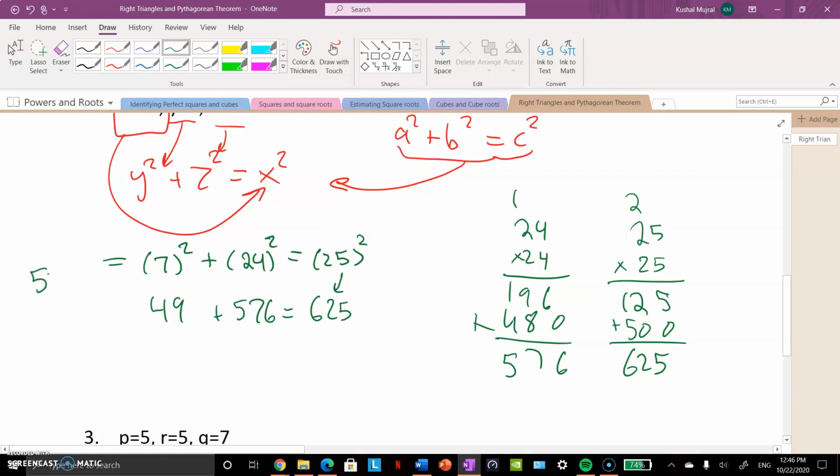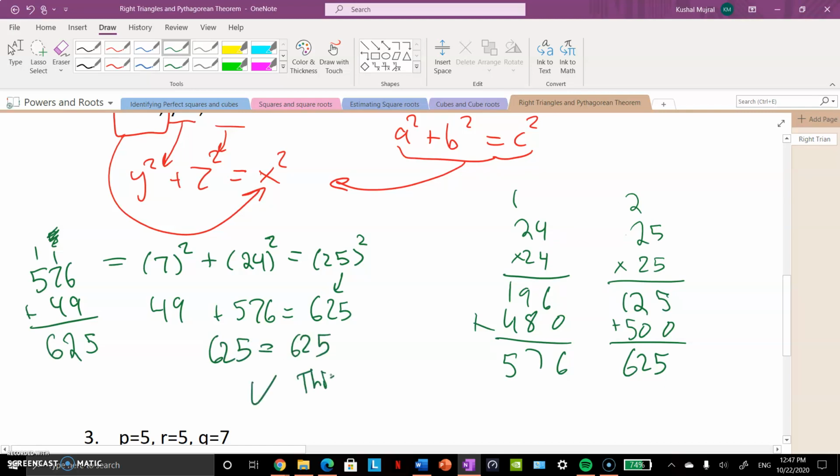Now we're going to add up 576 plus 49. This becomes 625. So 625 equals 625, which is correct. So that means this is a right triangle.